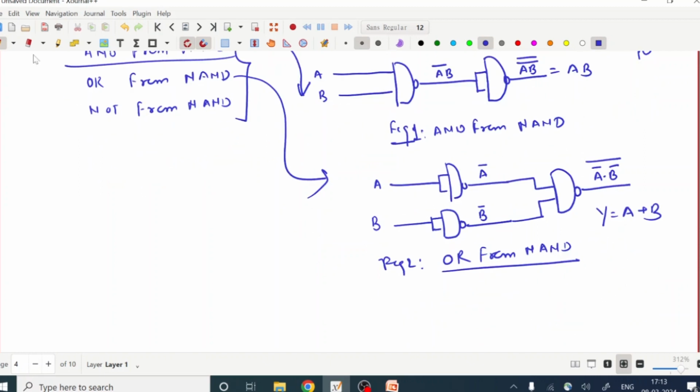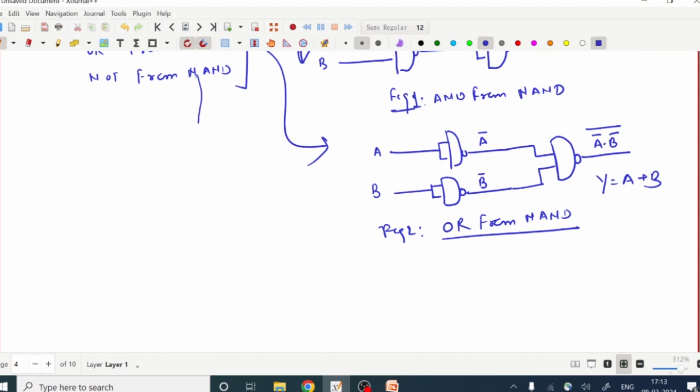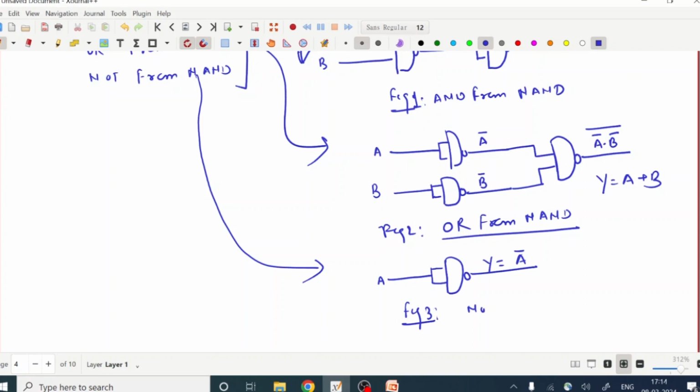Another is how we design NOT from NAND. The third one is NOT from NAND. To design NOT from NAND is very easy. Suppose this is an input A and we supply it to both inputs here, and this gives Y equal to complement of A. So this is the designing process of NOT from NAND, figure 3.